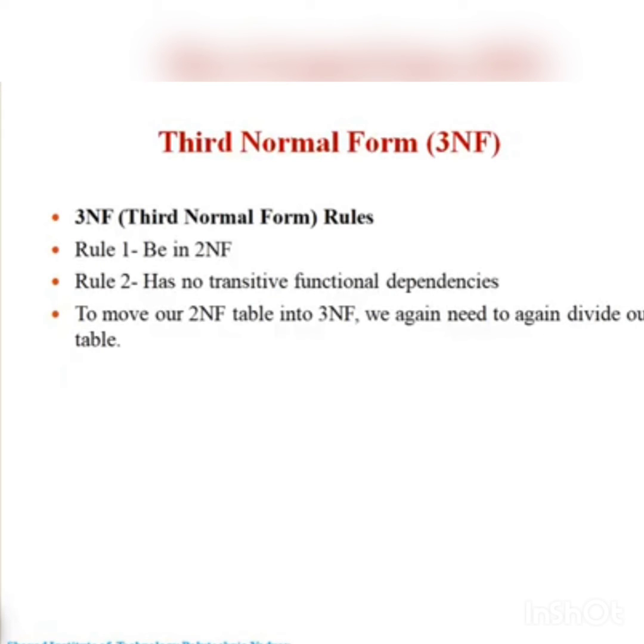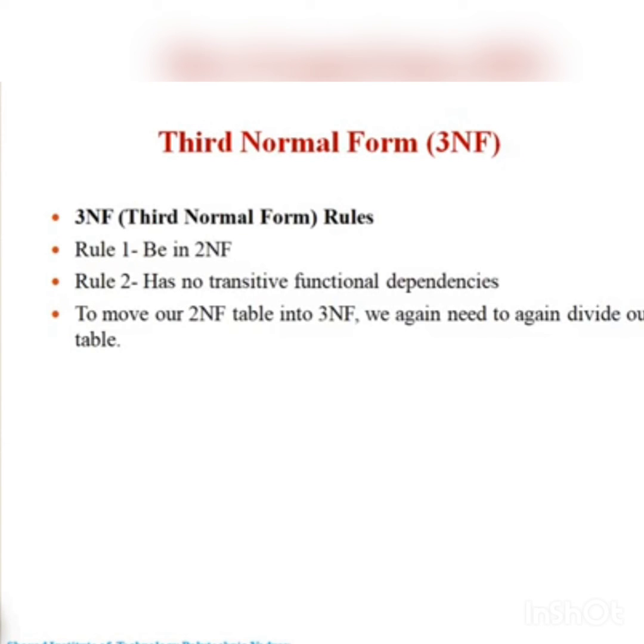The second rule is that there is no transitive functional dependency. As I told you before this slide, you learned about transitive functional dependency. Change in one thing may cause change in another thing. If that is not happening, then it is applicable to the third normal form.